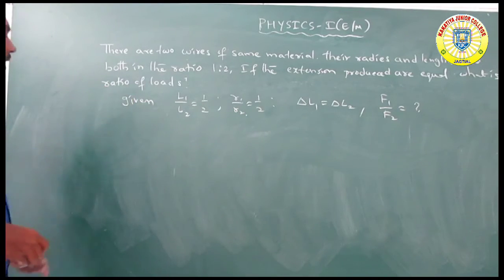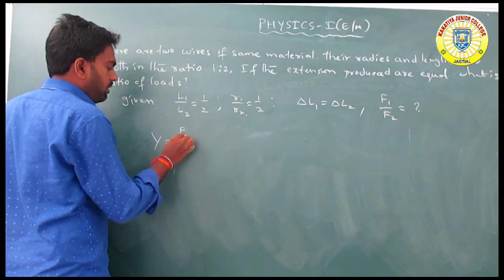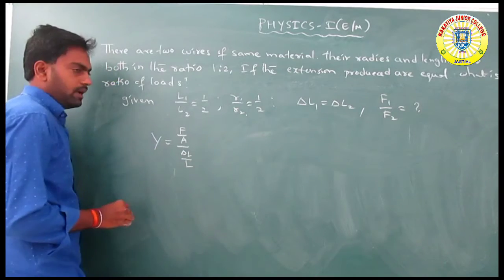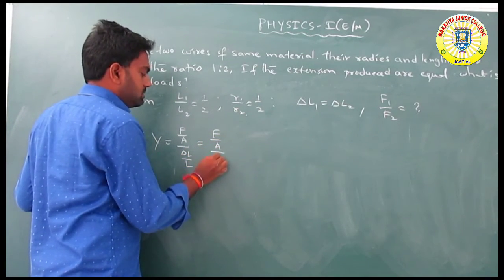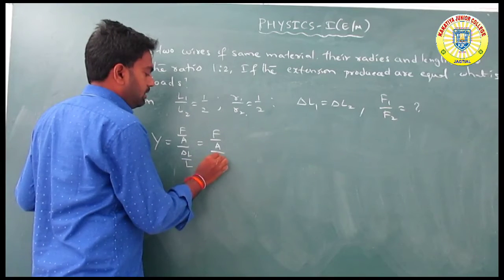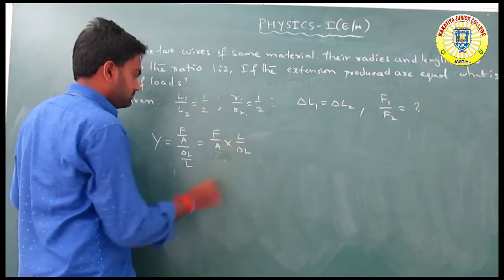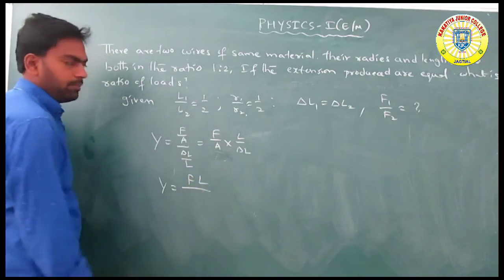According to Young's modulus, Y is equal to stress by strain, that is F by A over delta L by L. So Y is equal to F L by A delta L, where A is equal to pi r square.